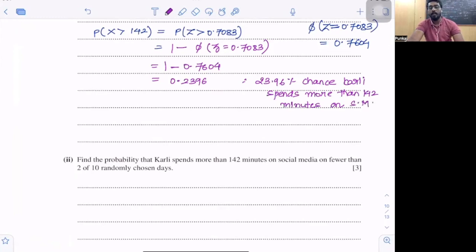You got that? Carlyle will spend more than 142 minutes on social media. That's a 23.96% chance. So for the entire year, out of 365 days, there is a 23.96% chance that Carlyle will spend more than 142 minutes on social media.